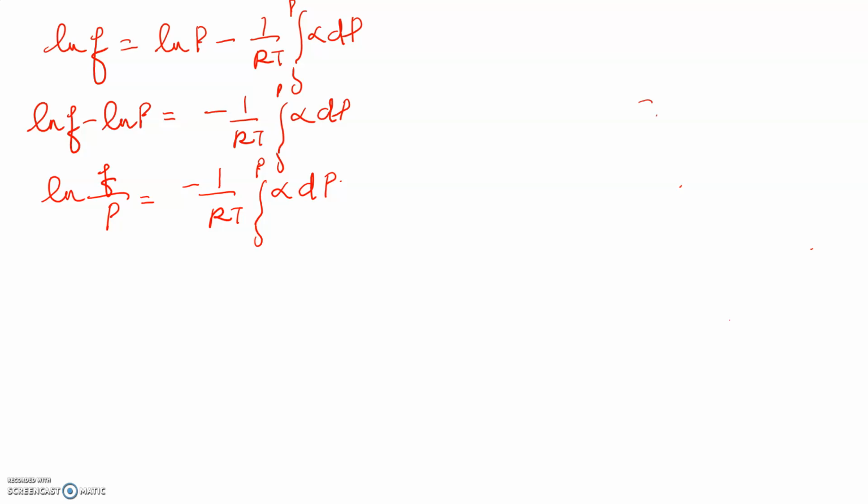By the equation that we have derived, ln f is equal to ln p minus 1 by RT integral 0 to p alpha dp. Bringing ln p to the other side, ln f minus ln p is minus 1 by RT integral 0 to p alpha dp.